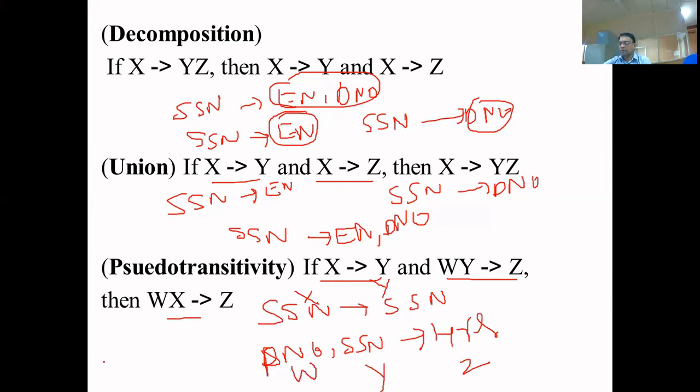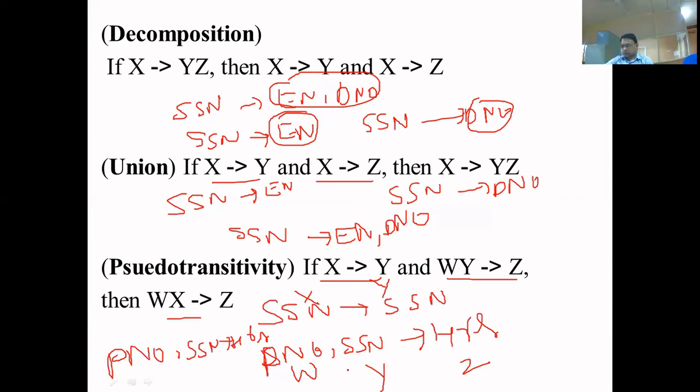Then I need to write it as W, take project number, X that is SSN, and Z that is hours. Here attribute Y is pseudo transitive.